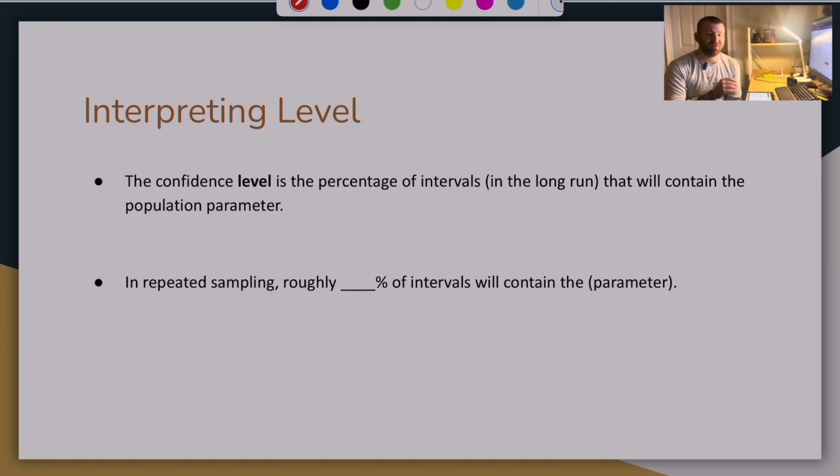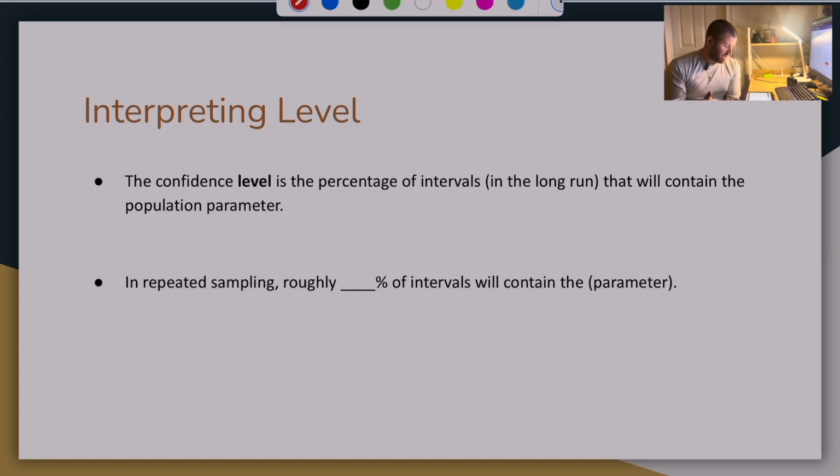If I took every possible sample of a given size, whatever that size is, every possible sample of 30, of 50, of 100, of whatever, then 95% of those intervals will contain the population parameter. Right?